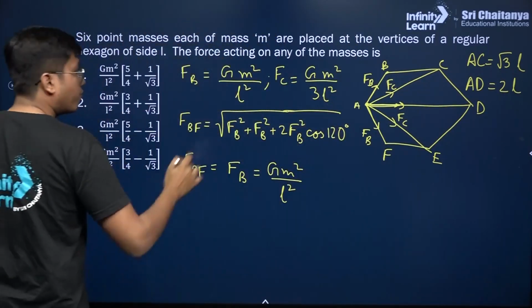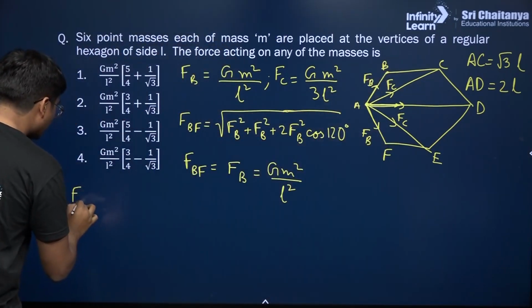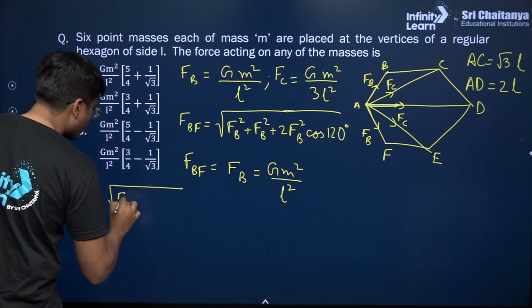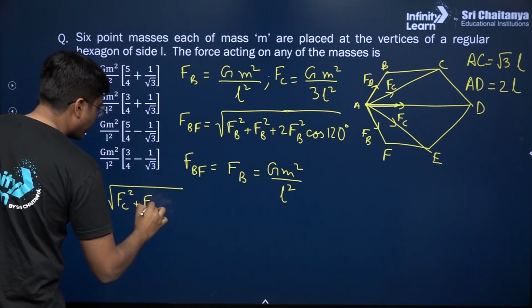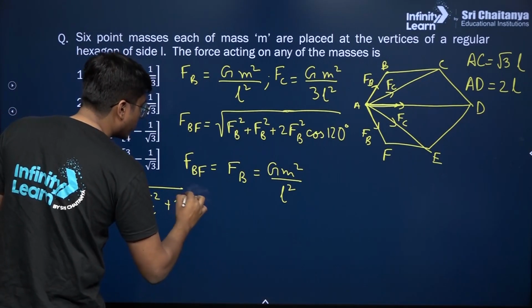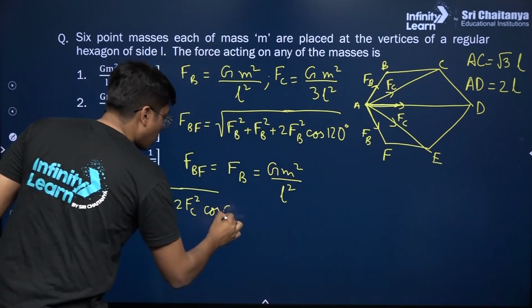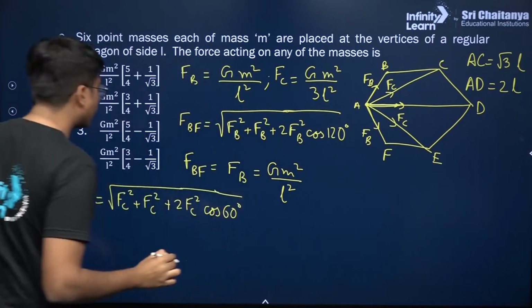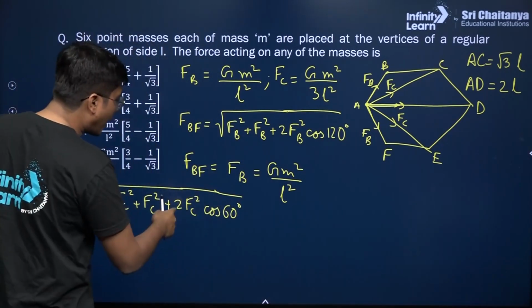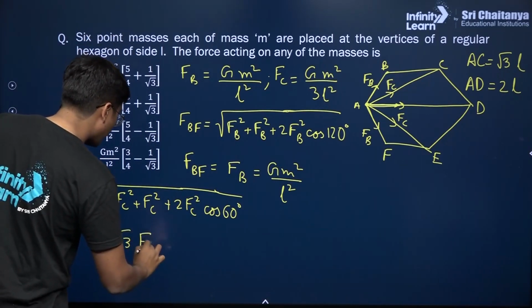Again, when we are finding for FCE, that is the resultant of FC and FE, it would be equal to root over of FC square plus again FE square, which is also FC square, plus 2 FC into FE, which is again FC square, into cos of the angle between them, which is 60 degrees. So cos 60 degrees is again half, but this time it's plus half, which means you have root 3 into FC.